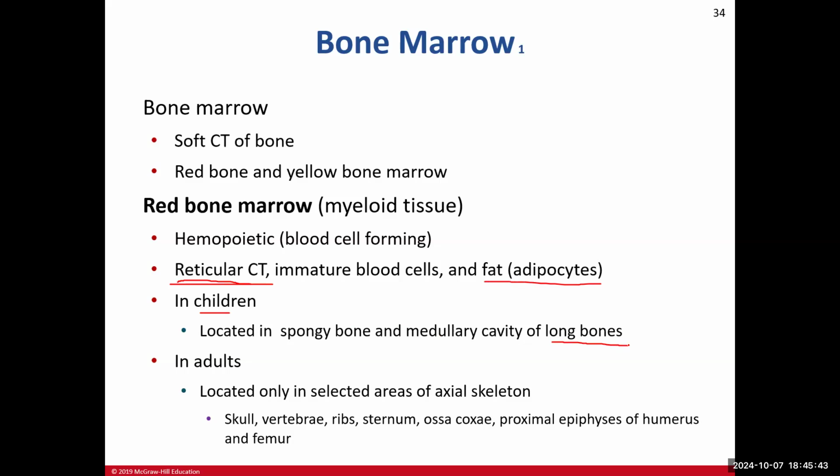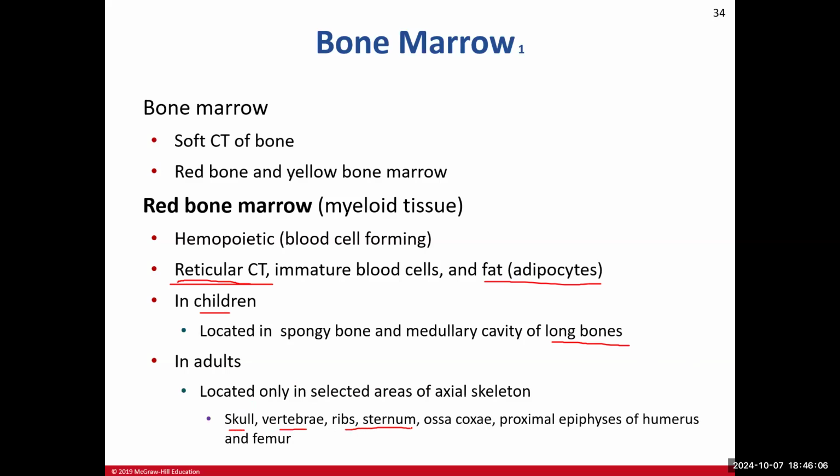In adults, most of our hemopoietic tissue is going to be in our axial skeleton, and then some parts of our appendicular skeleton. If you look here, skull, vertebra, ribs, sternum, all axial skeleton.